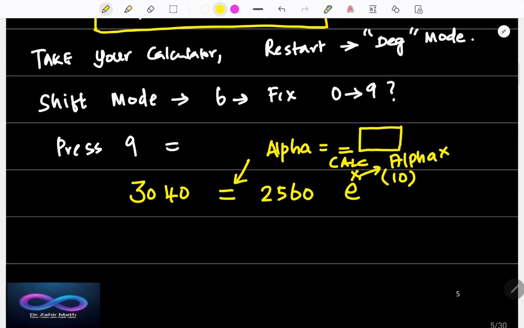Type, everybody. Now use the keys I'm telling you: shift calc equal, which equal? The down equal, the last row.